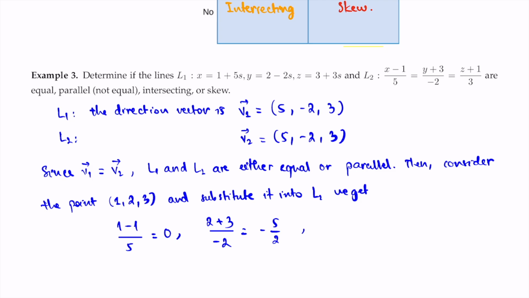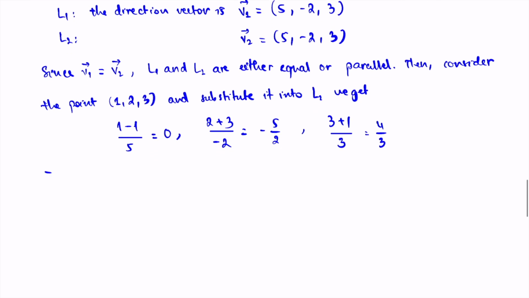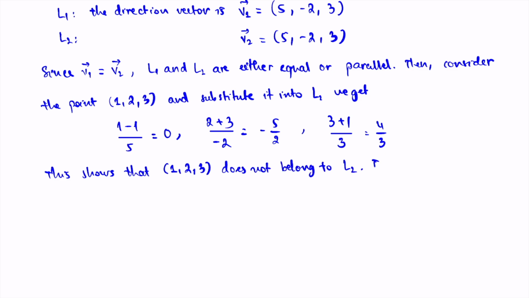And for the last one, you have (3 plus 1) divided by 3, which is 4 over 3. So this shows that (1, 2, 3) does not belong to L2. Thus, L1 and L2 are parallel but not equal.